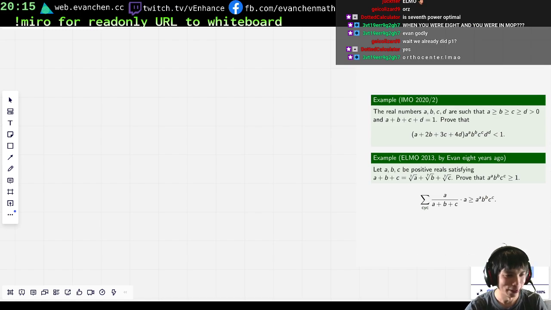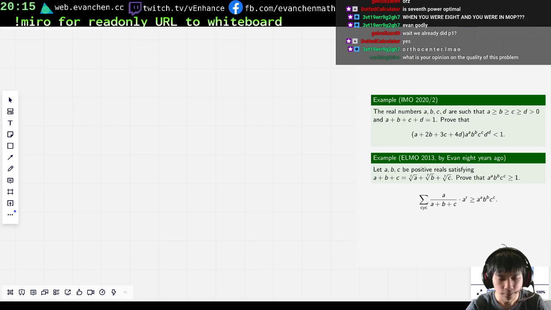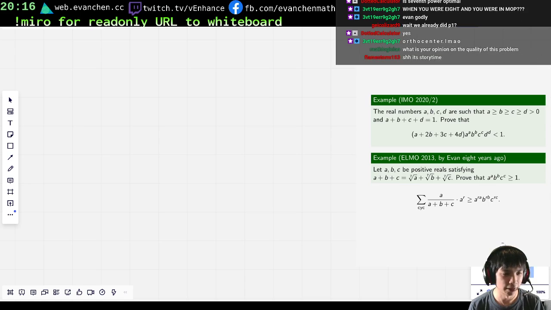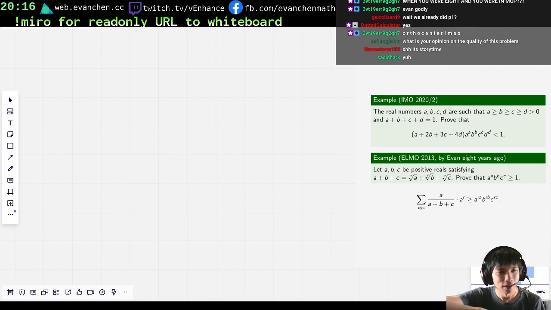But, and here's the but, if I put an exponent on this a, then I get ra, rb, rc. And if you choose the value of r correctly, you will get the Elmo 2013 problem. That was the idea. I was like, not only can I take this weighted AMGM, but I can push it one step further and put this exponent on it and then spin it.